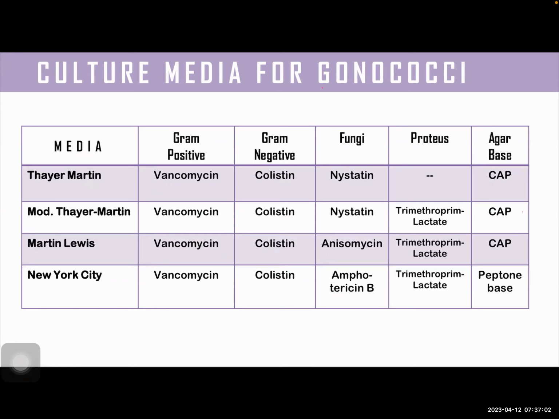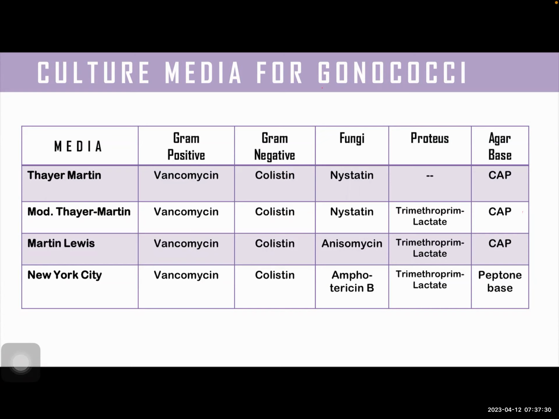We have Thayer Martin, and all of these are used for the growth of gonococci. We have Neisseria gonorrhoeae. As you may already know, Neisseria gonorrhoeae is a very fastidious organism. Therefore, we need to culture it within the best, most optimum environment possible.